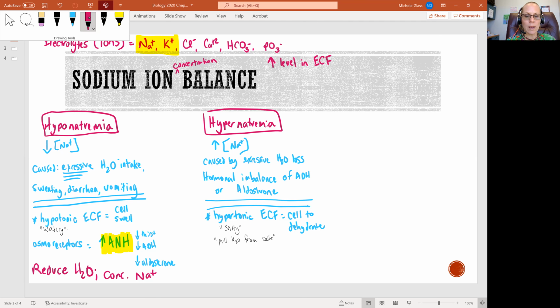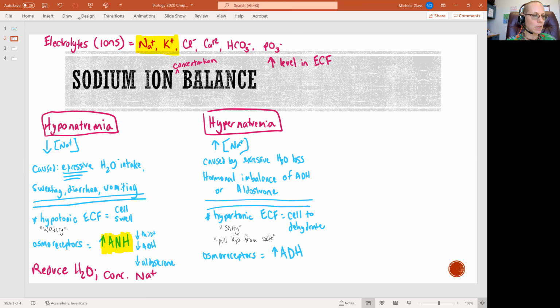And so what we're going to see happening here is, again, we have those osmoreceptors, which are going to, in this case, signal the release of ADH. So ADH is going to be the major one that's going to be released here.